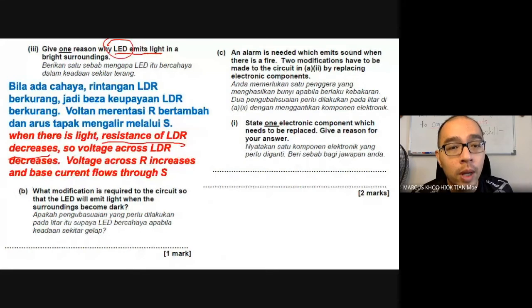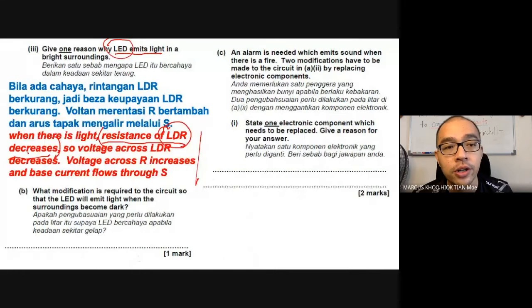But what has low resistance is actually the LDR, the light dependent resistor. This is the full answer, but for only 1 mark it's a little too much. For me, this is enough: the resistance of the LDR decreases. If you want to give a complete answer, go ahead.